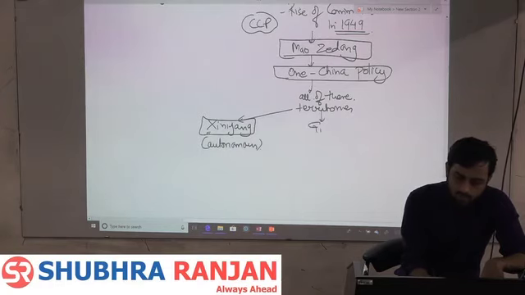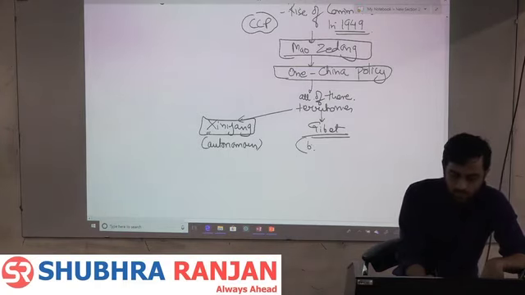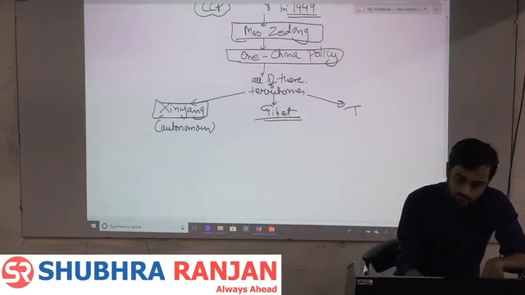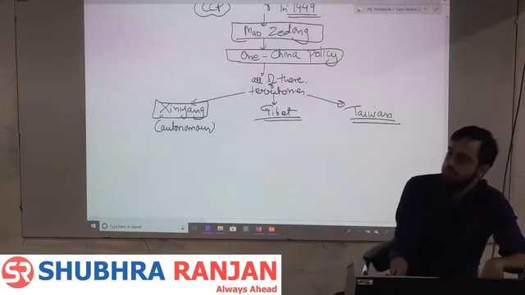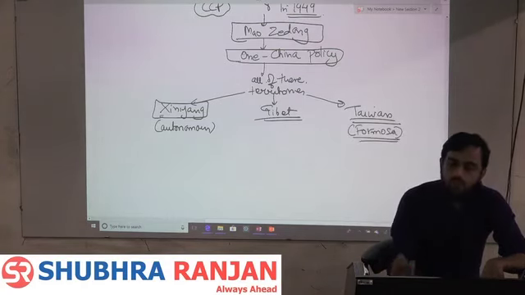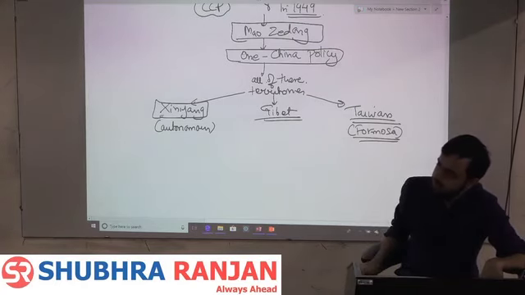Or Tibet, which was another region in the south. Or Taiwan, which was what? Taiwan or Formosa, which is the island just across from mainland China.